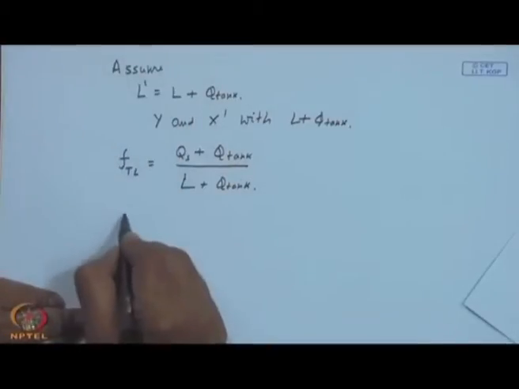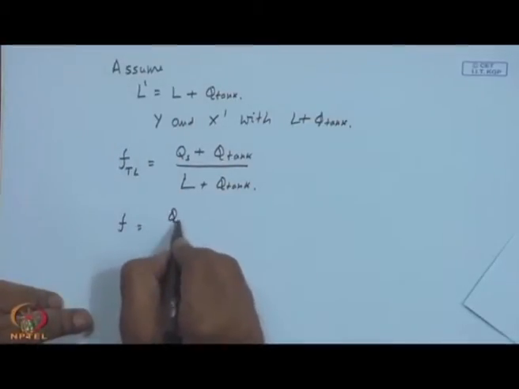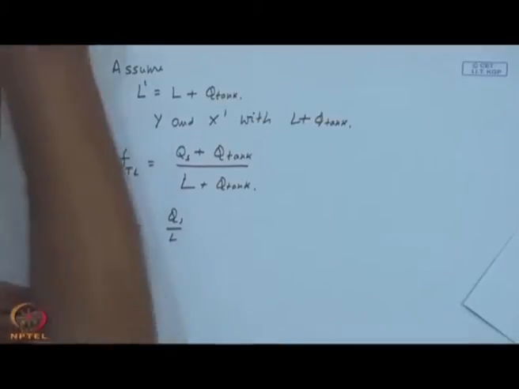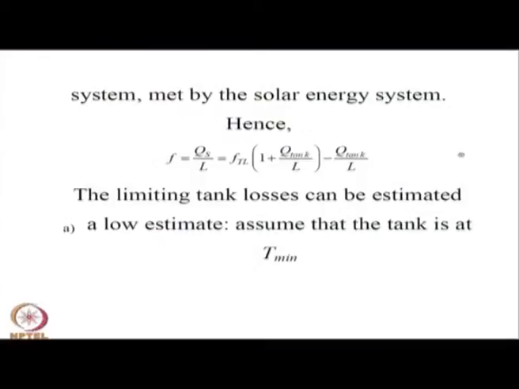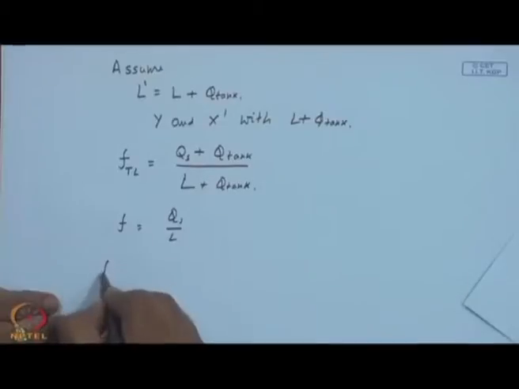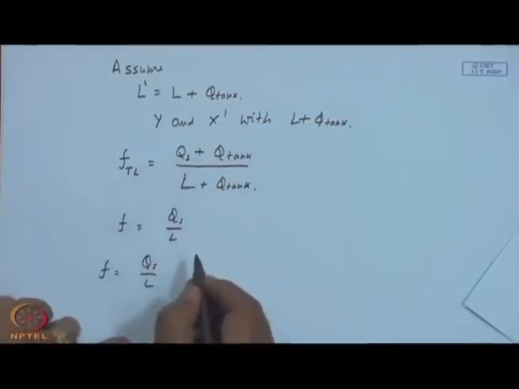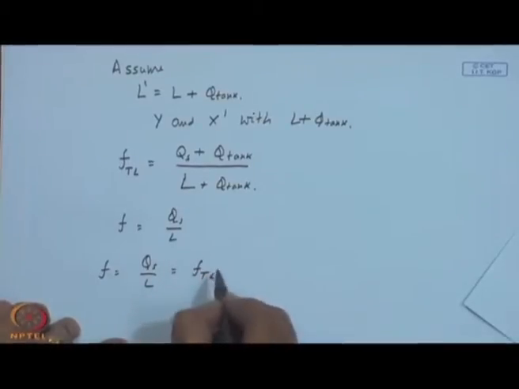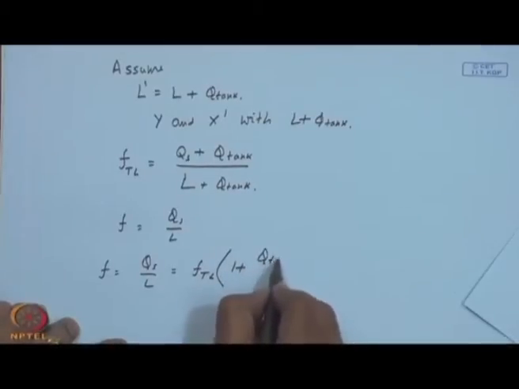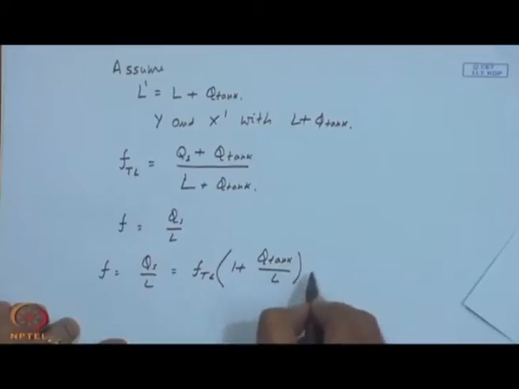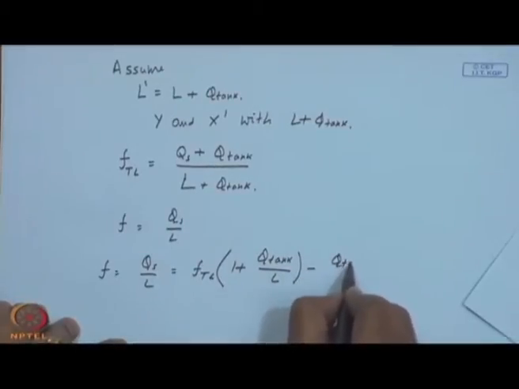But actually my F solar is Q s by L. So, from this I can find out F is equal to Q s by L, just divide throughout with L, that I will get as F T L times 1 plus Q tank by L minus Q tank by L, right.